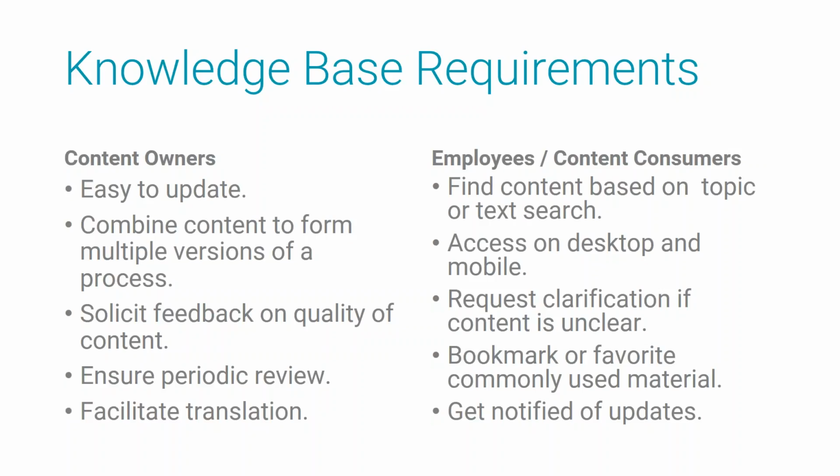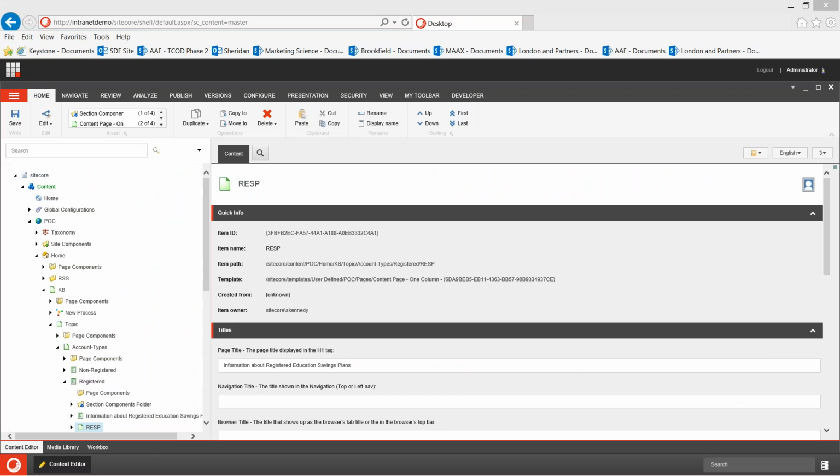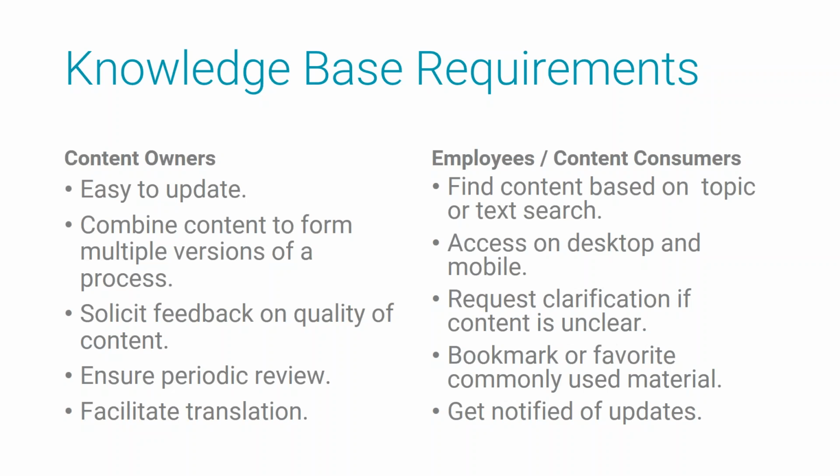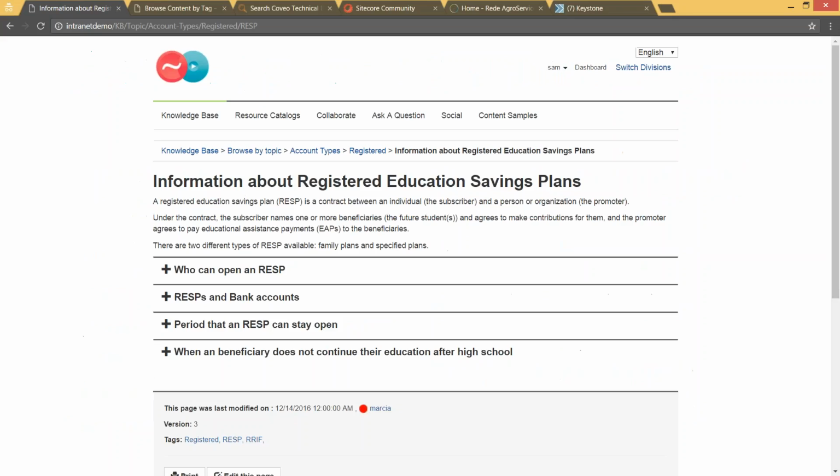So let me switch over quickly just to show you how we might think about a knowledge base in Sitecore. The screen that I'm sharing here at the moment is a simple demo site, not terribly designed.